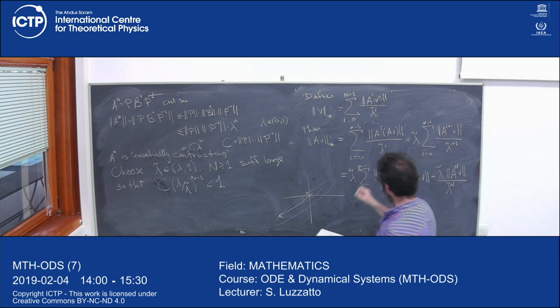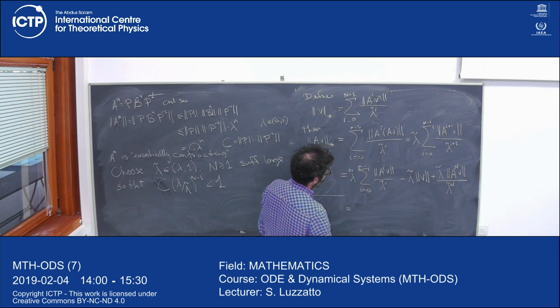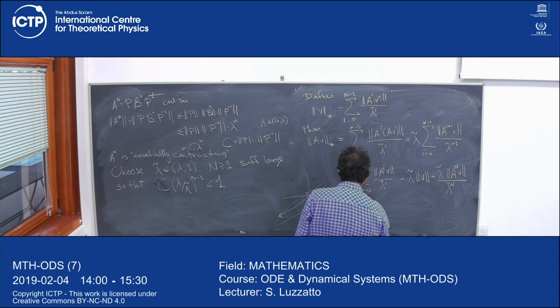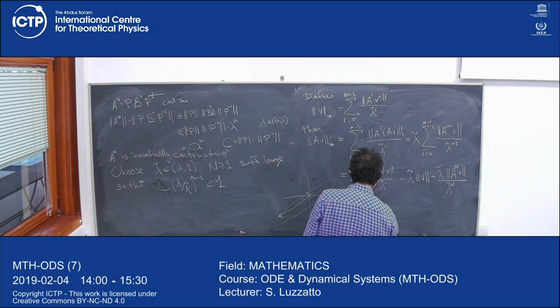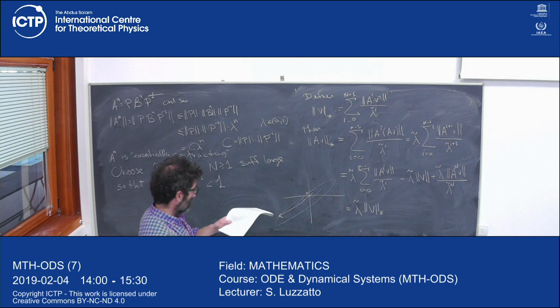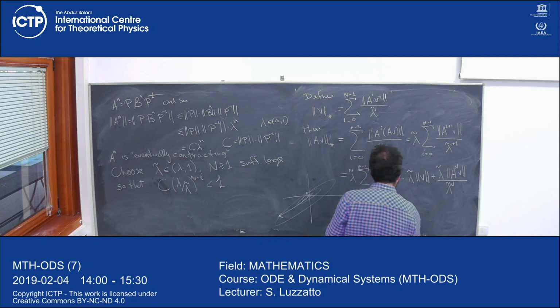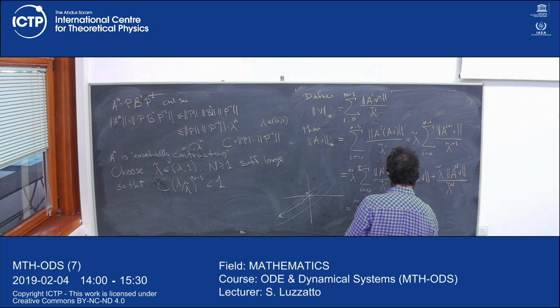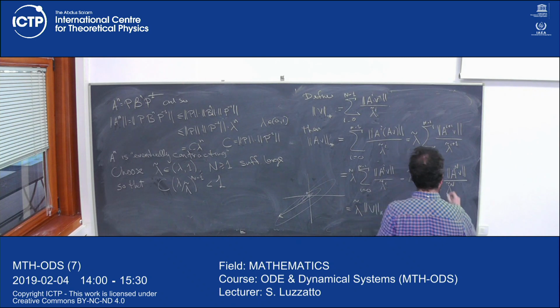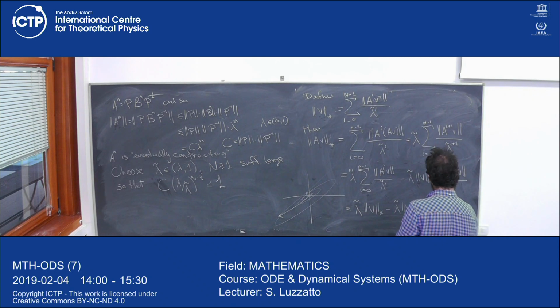And this now is exactly equal to the definition of v star. So this is equal to lambda tilde v in the norm v star, minus lambda tilde v plus a^n v over lambda tilde^(n-1).